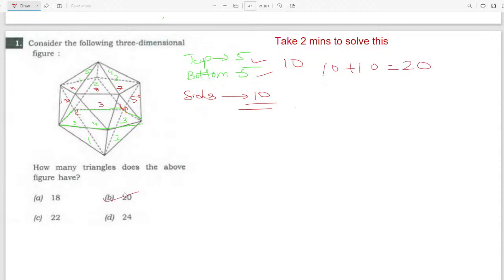The correct answer is option B. I hope things are clear. There is no calculation here, we just have to count. If things are clear, I'll move to the next question.